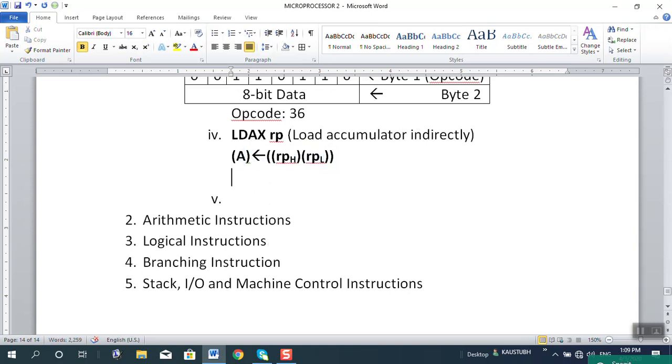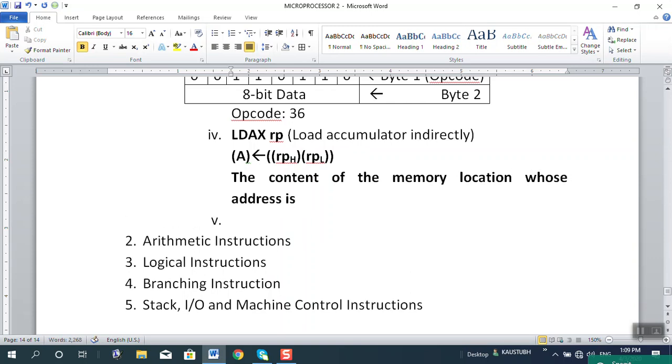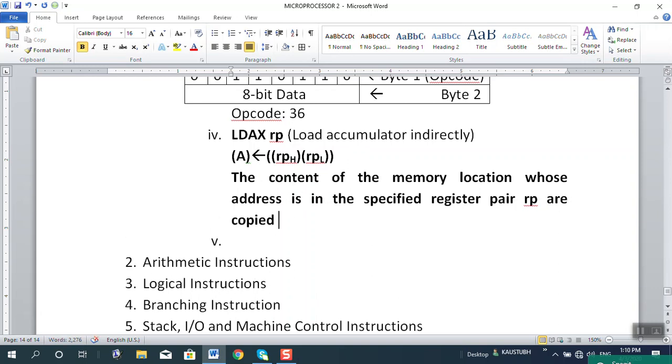So how will you write it? The content of the memory location whose address is in the specified register pair RP is copied, or moved, or transferred to the accumulator.